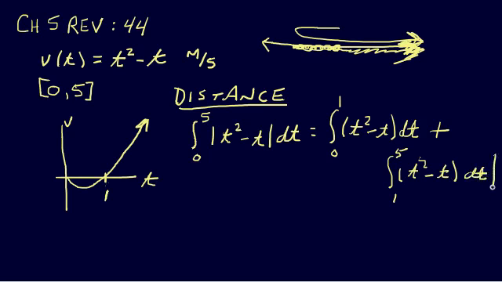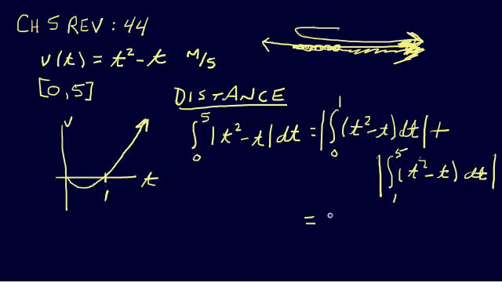And if either of those parts is negative, I'm going to convert to a positive. So I'm going to take the absolute value of each of those integrals. What this ends up with is me measuring the distance of the motion to the left, measuring the distance of the motion to the right, and adding those two results together.